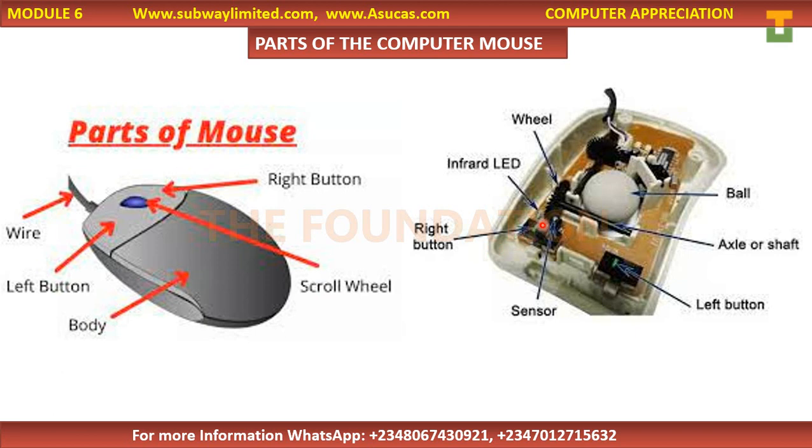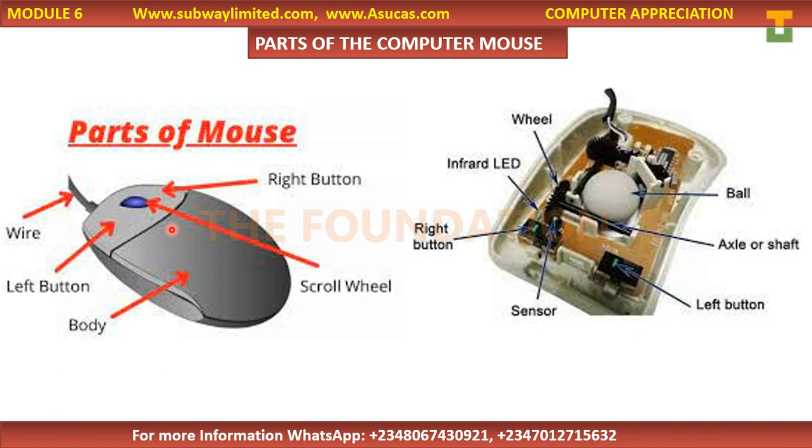If you take a look at this, when you have opened your mouse, these are the components you see. This is the ball, muzzle or shaft. This is the left mouse. This is the sensor. This is the right button, the infra LED, the wheel. Since you are not an engineer, just take a closer look at that.